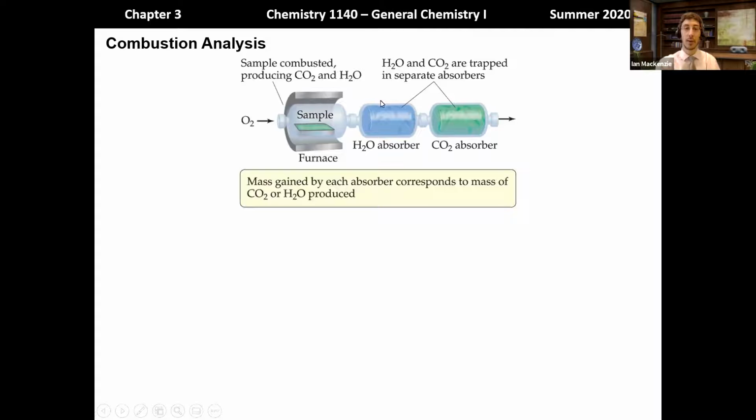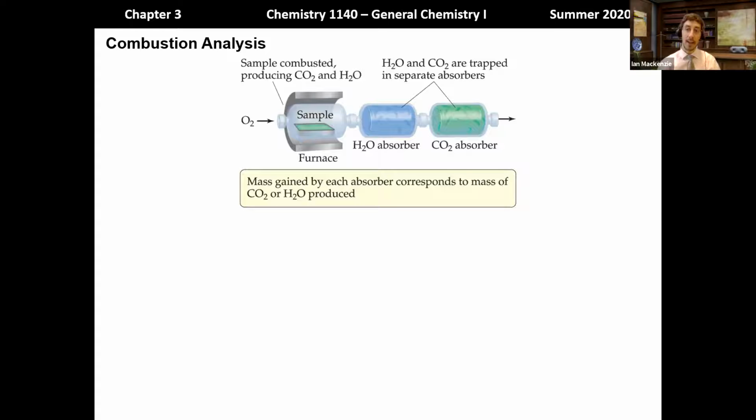On the right side here, after it's burned, it produces CO2 gas and water gas, and we run it through some trap that will collect all of the water, and some additional trap that will collect all of the CO2. So we have some water absorber and some CO2 absorber, and that allows us then to measure the mass gained by the CO2 or the water present, both of those.